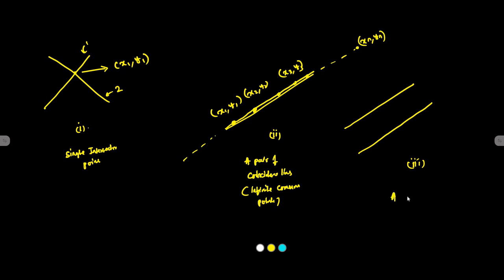The third case, no solution, is a pair of parallel lines with no intersection, no single intersection point, no common point, which means no solution. So this is the graphical depiction of the above three conditions.